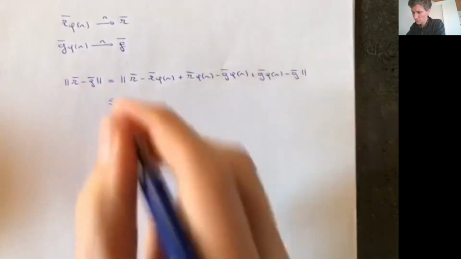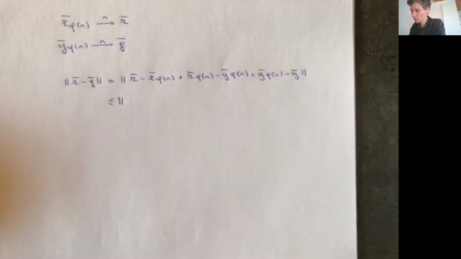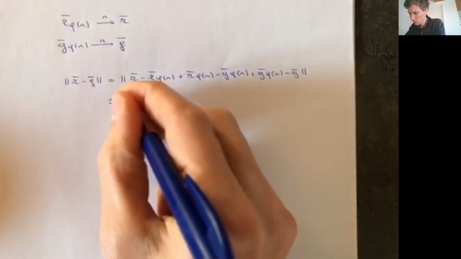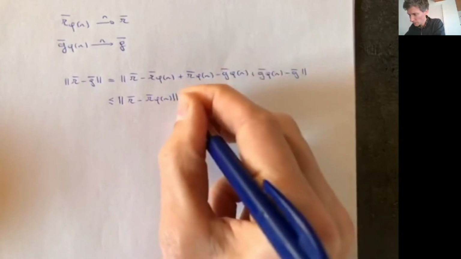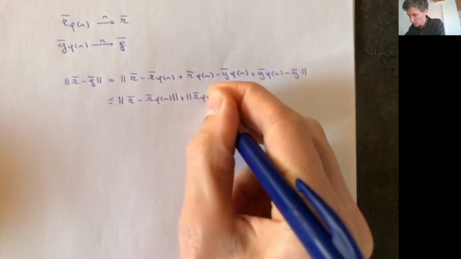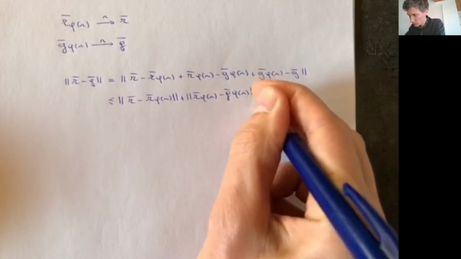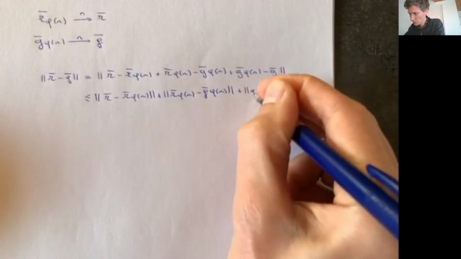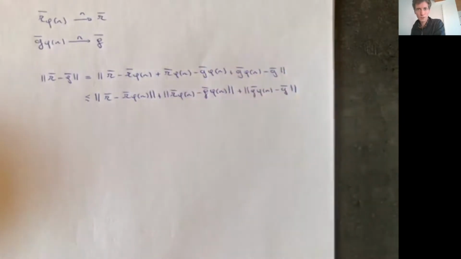So this is the simple trick that we used over and over again in previous lectures, the triangle inequality. So this is r minus r phi n, plus r phi n minus g phi n, plus g phi n minus g.